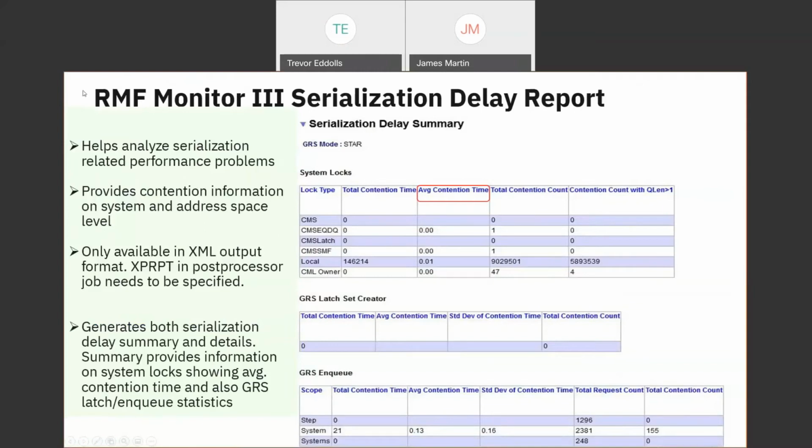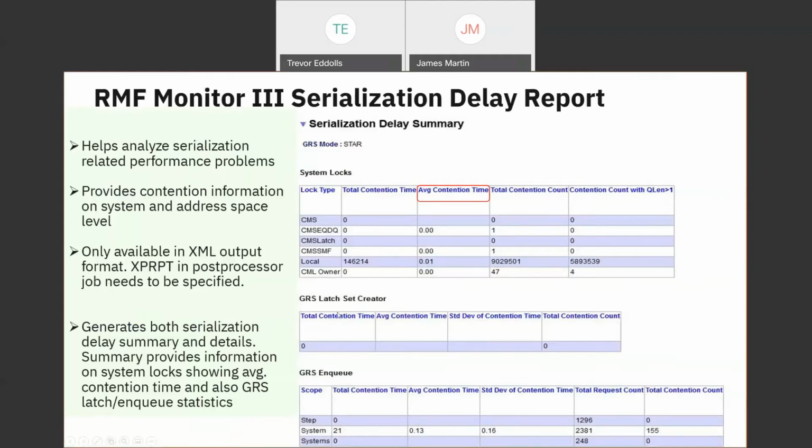Also, I talked briefly about RMF Monitor 3 serialization delay reports. Okay, this report can help me analyze serialization-related performance issues. And you can see it provides contention information on system and address space. Again, looking at the overall picture. You can see that I have various different types of contention listed on this report.